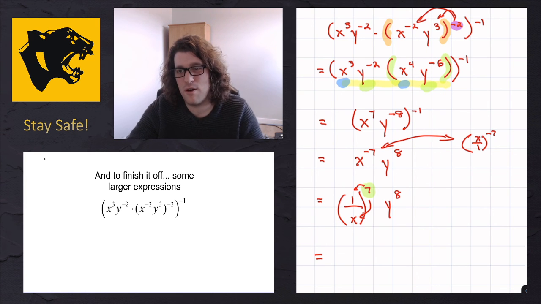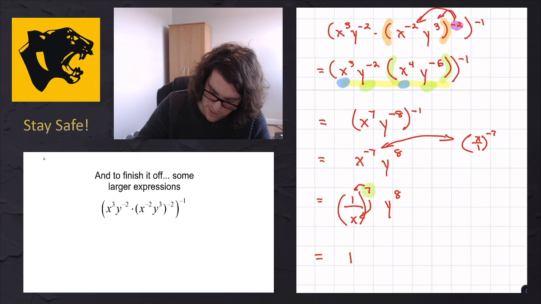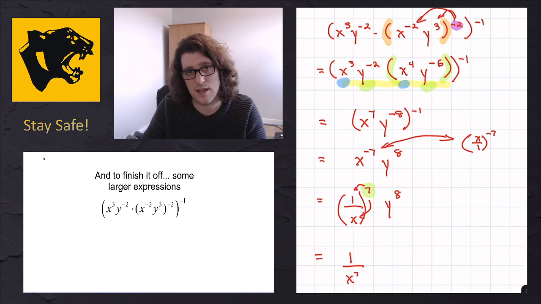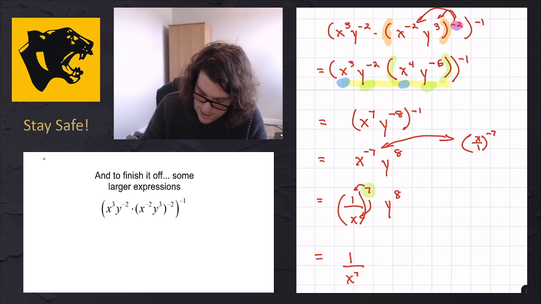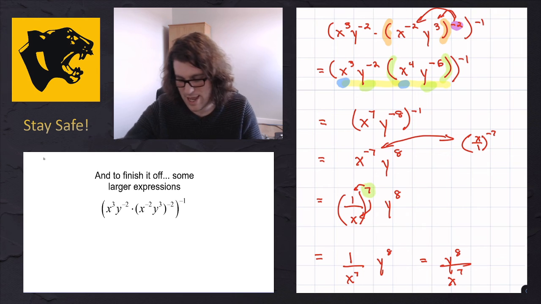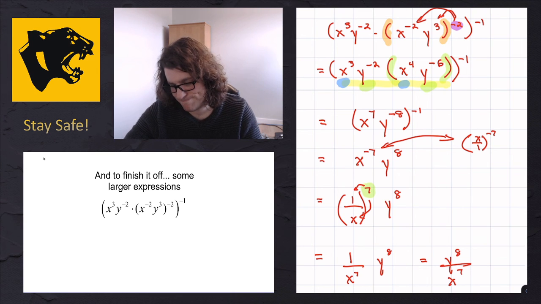So 1 to the power of 7 is nice and simple because it's just 1 times itself 7 times. It still gives us a 1 in the end. And then we'd have x to the 7 down in the denominator because x multiplied by itself 7 times is x to the 7. All multiplied still by y to the 8, which means that our final answer without using any negatives would be y to the 8 divided by x to the 7.